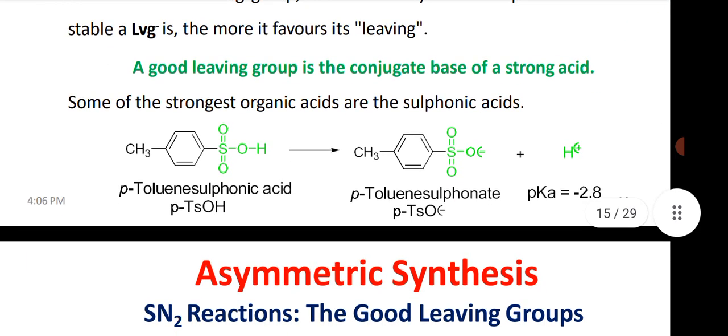So we concluded that p-toluenesulfonic acid, if it is attached to a substrate, will act as a strong leaving group. Why will it act as a strong leaving group?